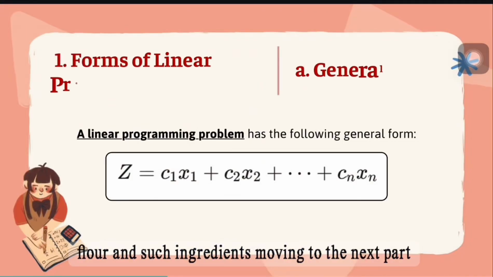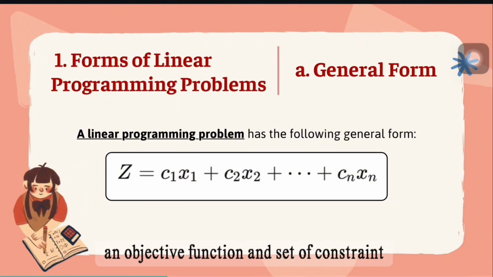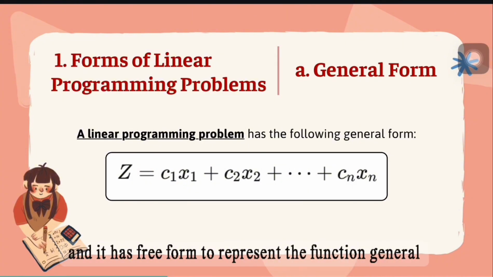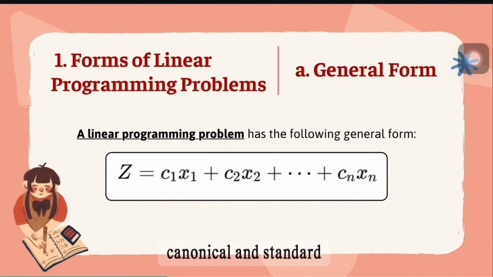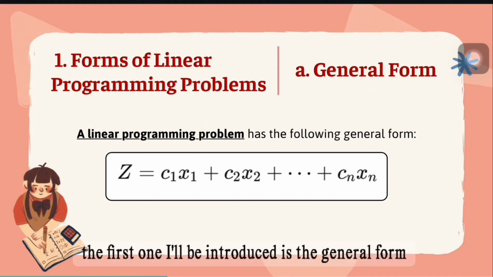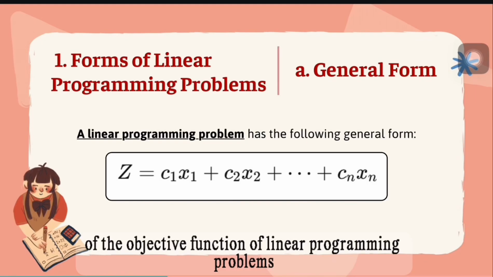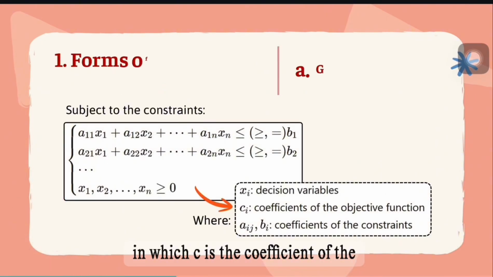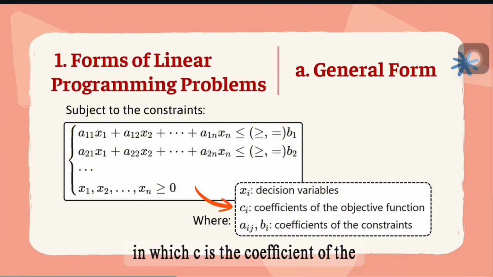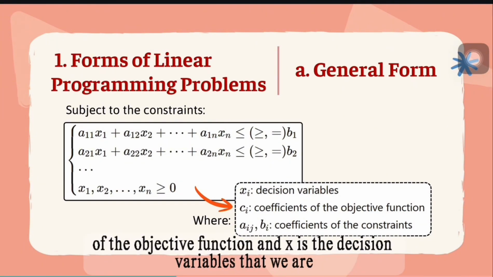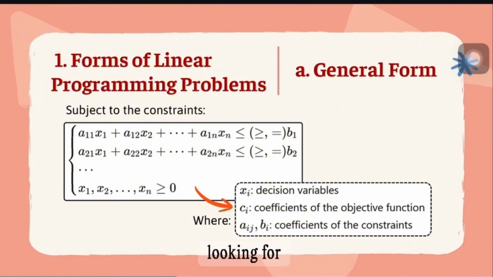Moving to the next part, a linear programming problem includes an objective function and a set of constraints, and it has three forms to represent the problem: general, canonical, and standard. The first one I'll introduce is the general form. As you can see, this is the general form of the objective function of linear programming problems, in which C is the coefficient of the objective function, and X is the decision variables that we are looking for.